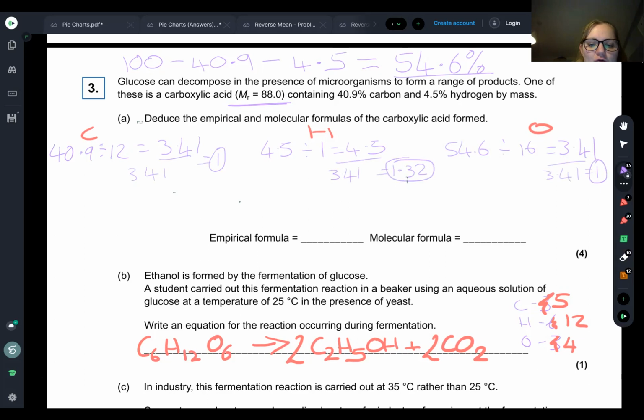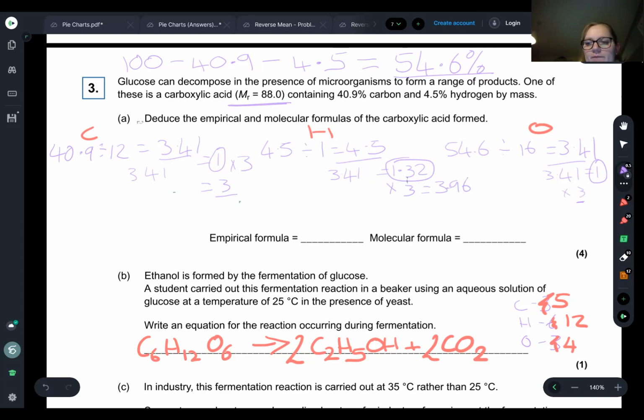So to find our nearest whole number ratio now, obviously we've got 3 numbers here, so we're going to multiply everything by 3. So 1 times 3 will give us 3. 1.32 multiplied by 3 is going to give us 3.96. And then 1 times 3 again, which obviously will give us 3.